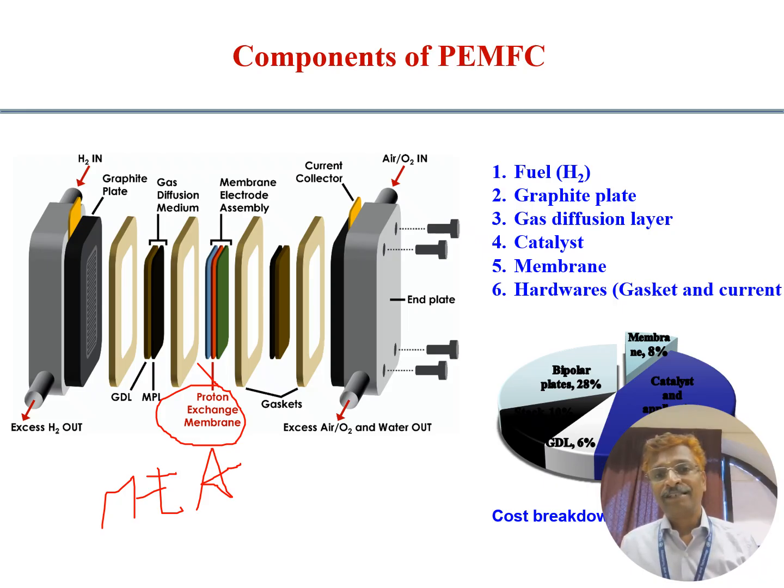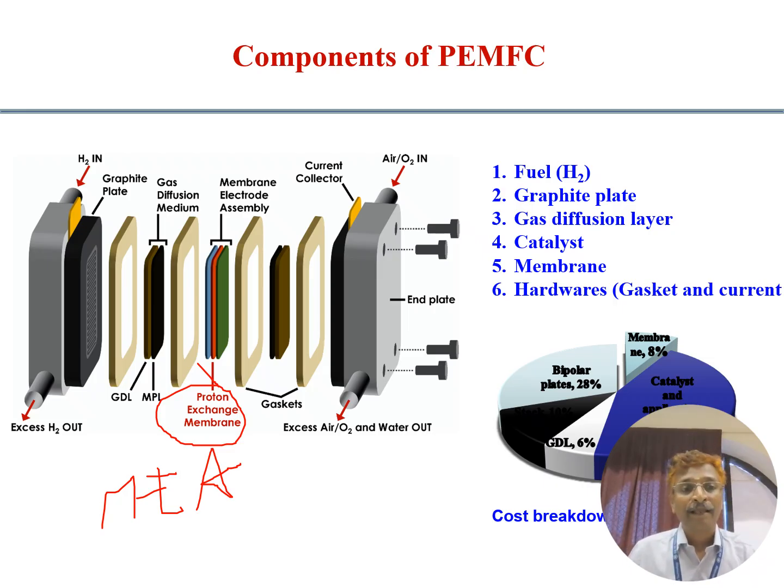The whole setup, that is graphite plate, gas diffusion layer, catalyst, MEA assembly, and other hardware, gasket and current collector, collectively we can term as a single cell. Then you have to prepare a number of single cells. This is one single cell. Then the number of single cells you prepare individually are connected in series. That is called a stack, a fuel cell stack.